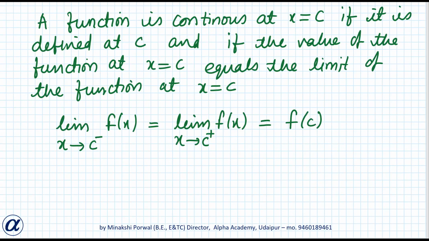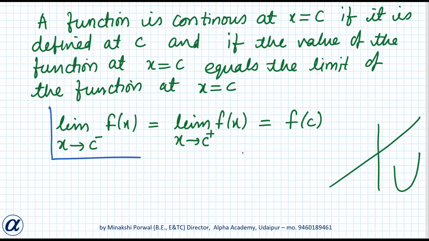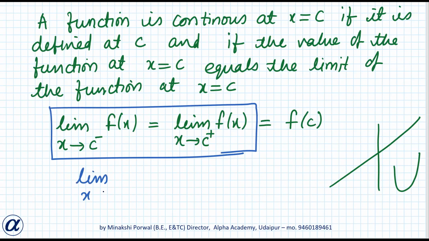But if we know that the graph is continuous, like it is a straight line or a curve, then we can write it as a single thing: limit x tends to c f(x) equals f(c). It is understood that when left hand limit and right hand limit are equal to f(c), then the function is continuous.